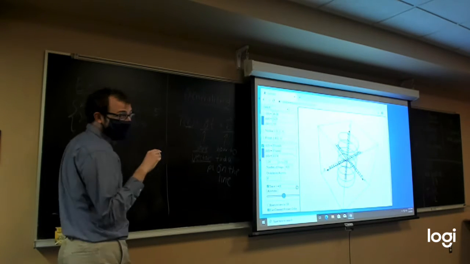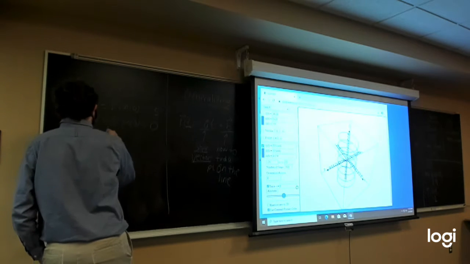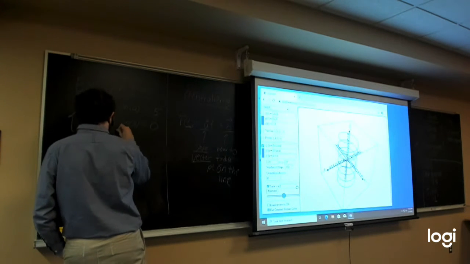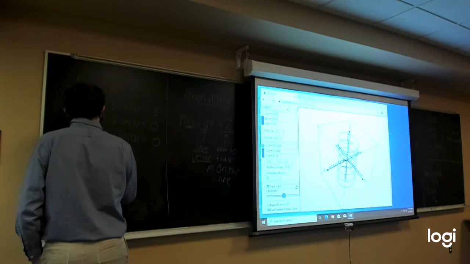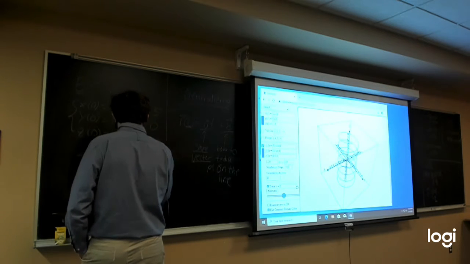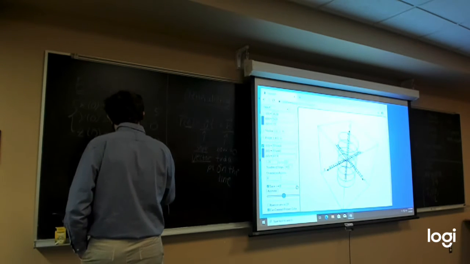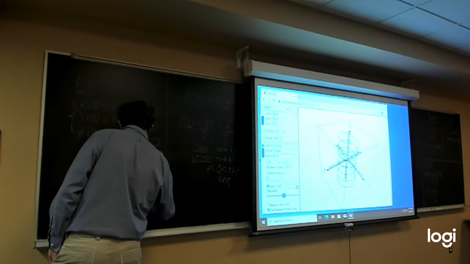Well, sine of 0 is just 0, so this gives me 0. Z of 0 is going to be 0.5 times 0, which is just 0. We can say that at t equals 0, we're going to get the point (5, 0, 0).